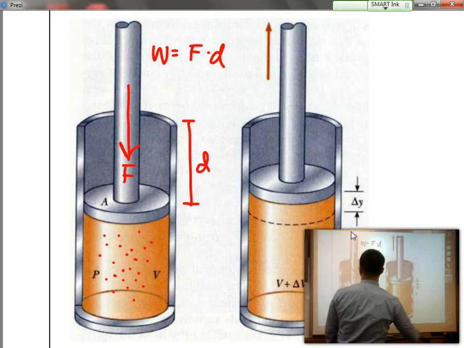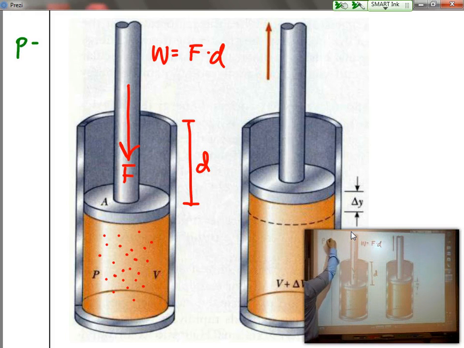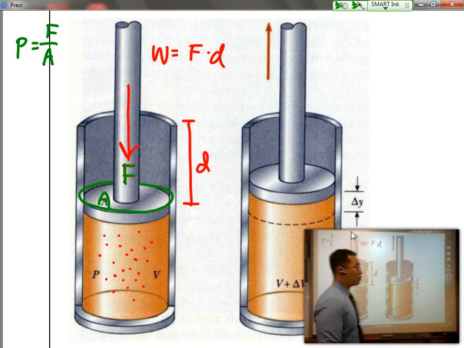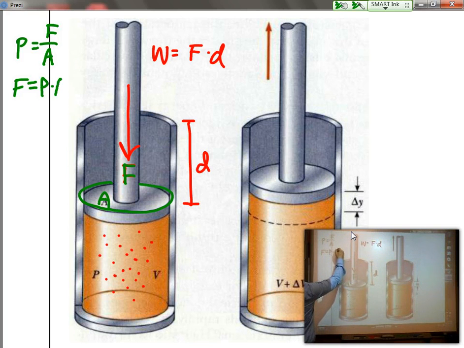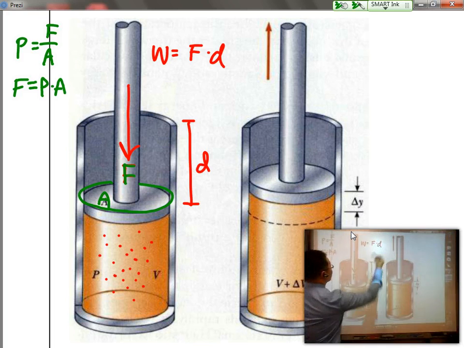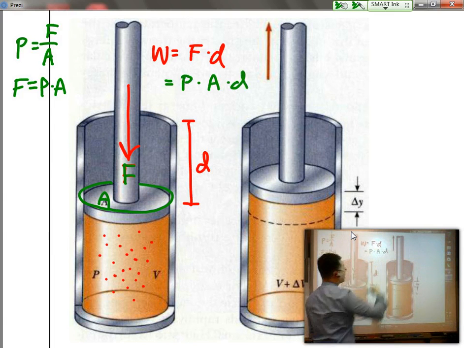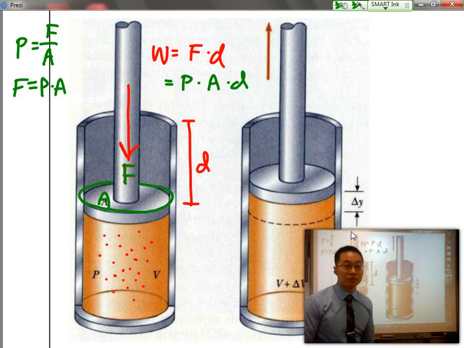We know that pressure is equal to F over A, the force, of course, being this force over here, over the cross-sectional area of the piston itself, which is the area. So force, we could say the same thing as the pressure times the area. So if we were to turn this into the pressure times the area times the distance that's being moved, okay?